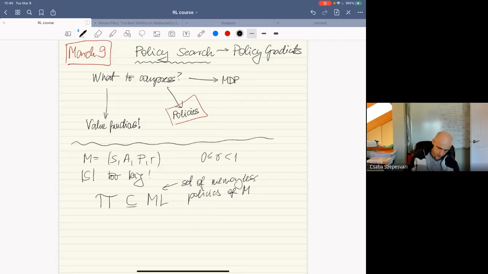In general, you want a strict, small subset. One example for that would be when you have, you're going to laugh, a feature map. The feature map takes a state-action pair and returns a vector representation of this state-action pair in d-dimensional space.